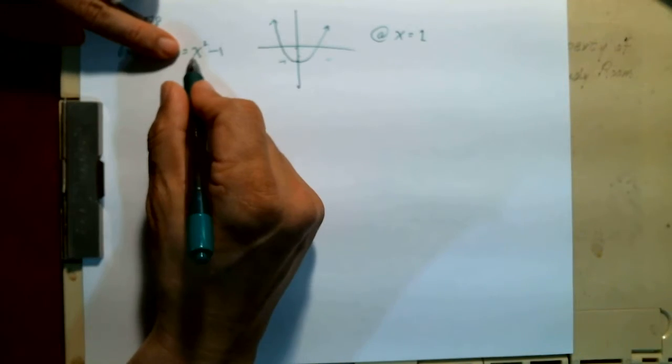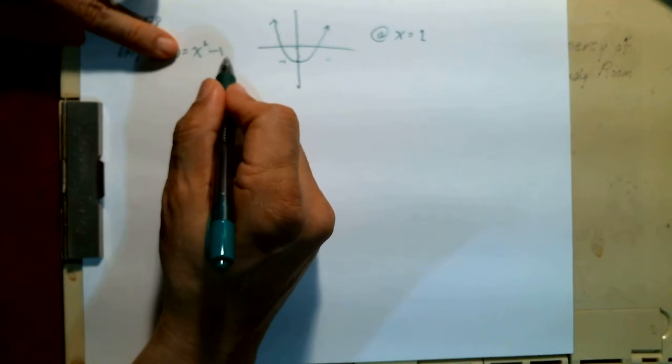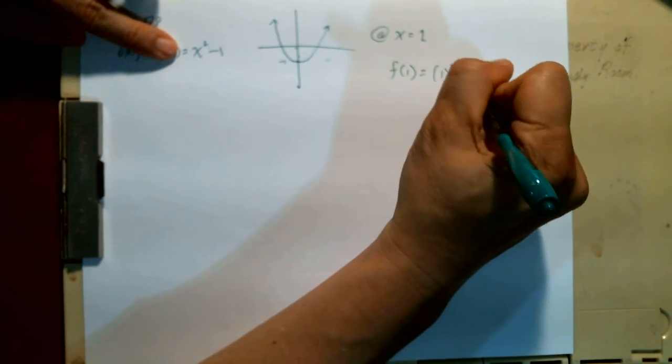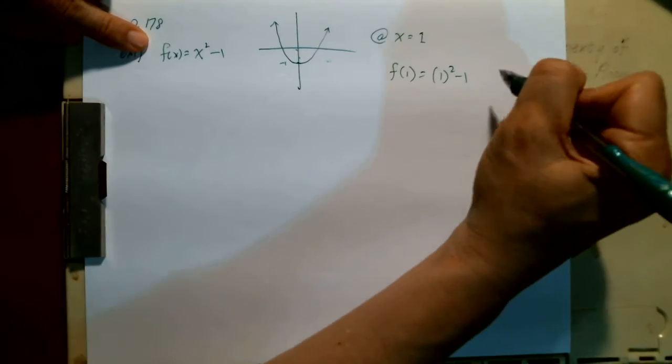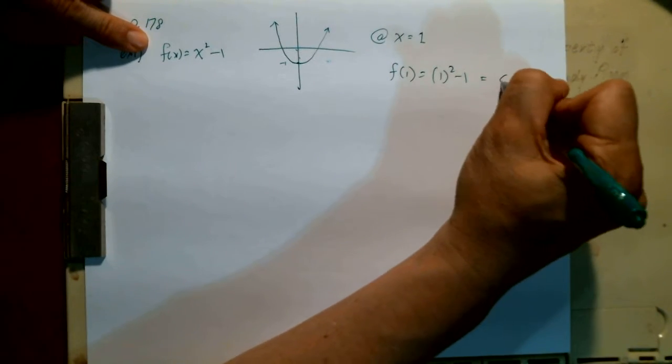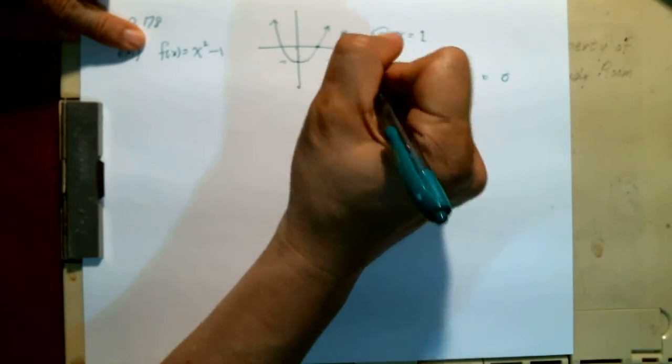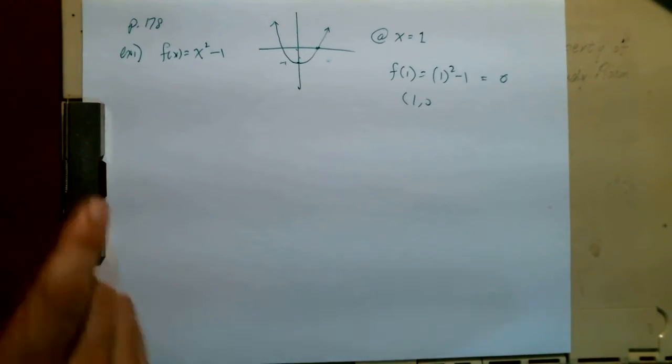So x equals 1, you go 1 squared minus 1. f of 1 is equal to 1 squared minus 1. Evaluating this, you end up with 0. So it's going to be the point 1 comma 0. There it is right there. And you're going to try to find the tangential slope for this.